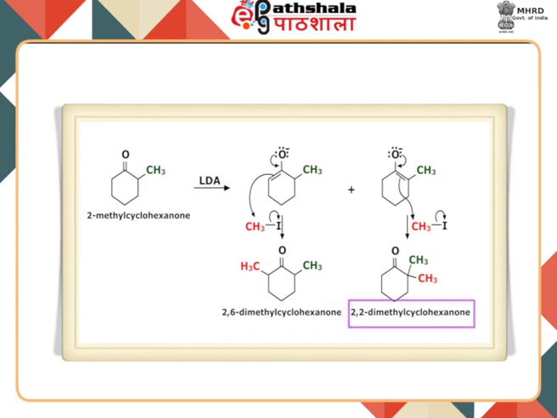The enolate leading to 2,2-dimethyl cyclohexanone is the thermodynamic enolate because it has the more substituted double bond, making it the more stable enolate. Therefore, 2,2-dimethyl cyclohexanone is the major product if the reaction is carried out under conditions that cause enolate formation to be reversible, and if a less hindered base like potassium hydride is used.